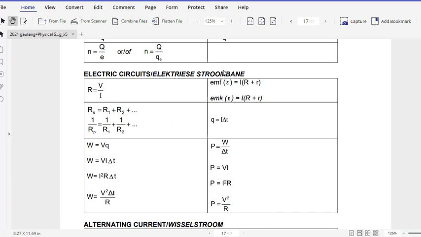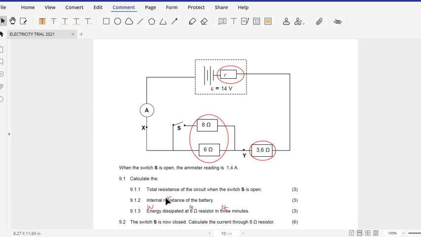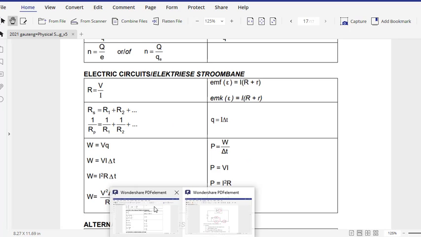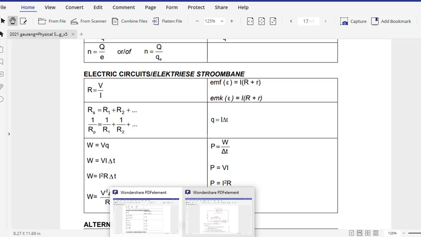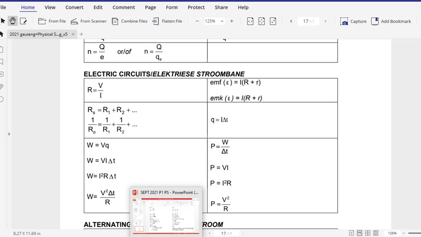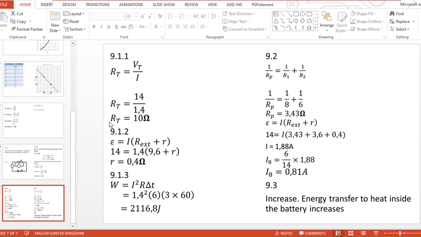So let us check what is there. The EMF formula, that is EMF E is equal to the total current times the sum of the internal and the external resistance of the circuit. So when we write this formula for 9.1.2, we say the EMF is equal to the total current multiplied by the sum of the internal and external resistors.